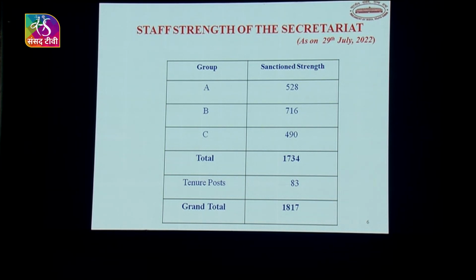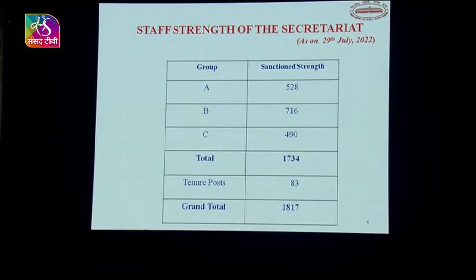And in addition to that, we have tenure posts, like with the office of the Honorable Chairman and Deputy Chairman and others who serve for a particular period. These are the tenure posts. So in all, we have about 1800 plus people to serve the honorable members and to serve the house. It's a big paraphernalia of officers and staff.